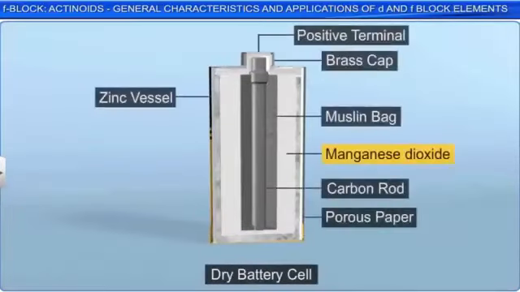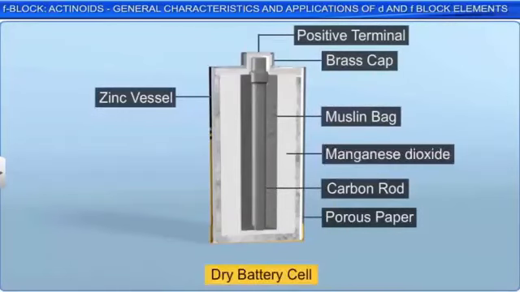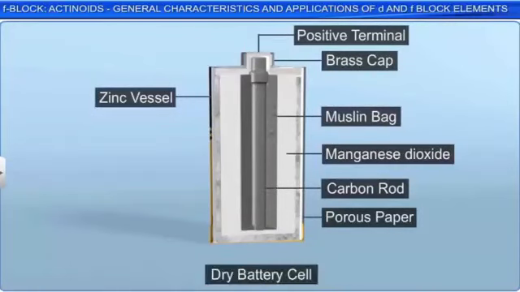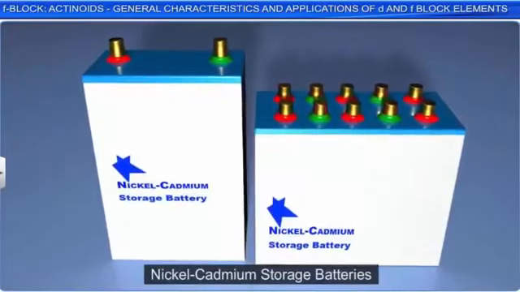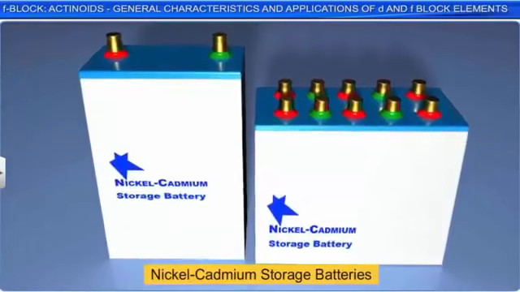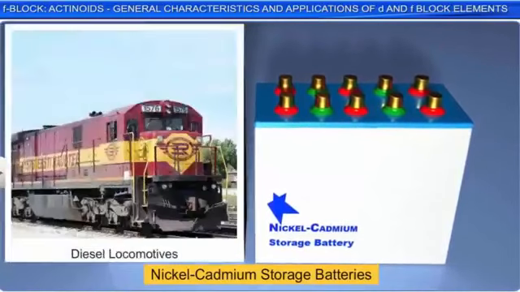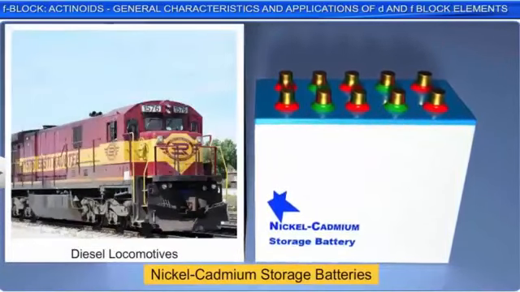Cadmium is used for alkaline nickel-cadmium storage batteries used in diesel locomotives, and also in the nickel rechargeable dry batteries used in radios and electronic appliances. Niobium alloys are used in jet engines.